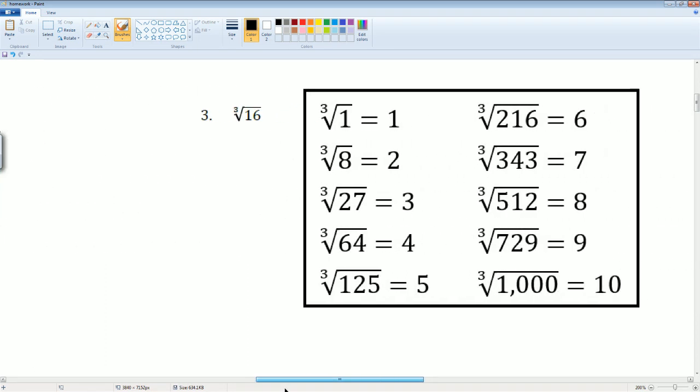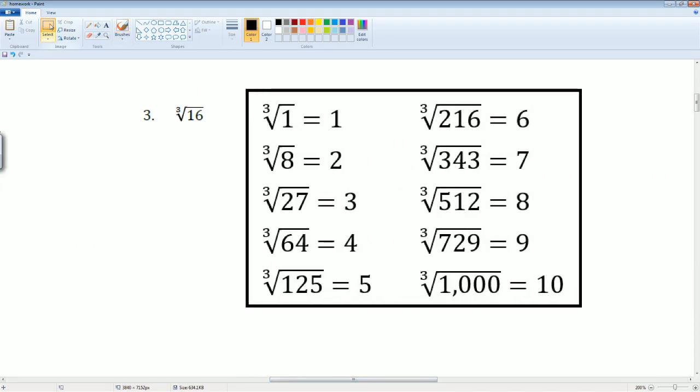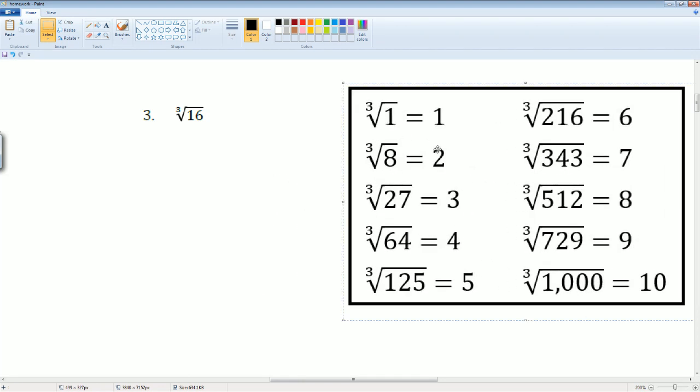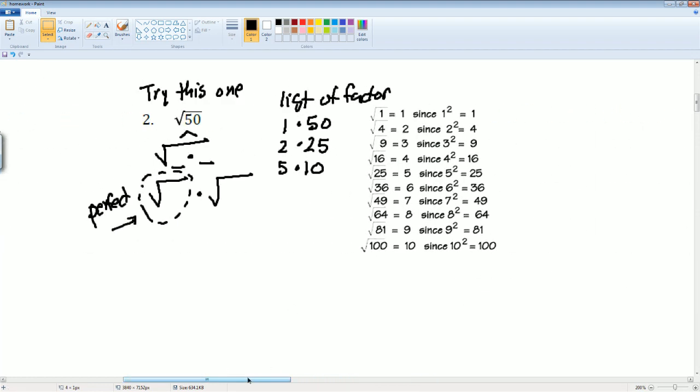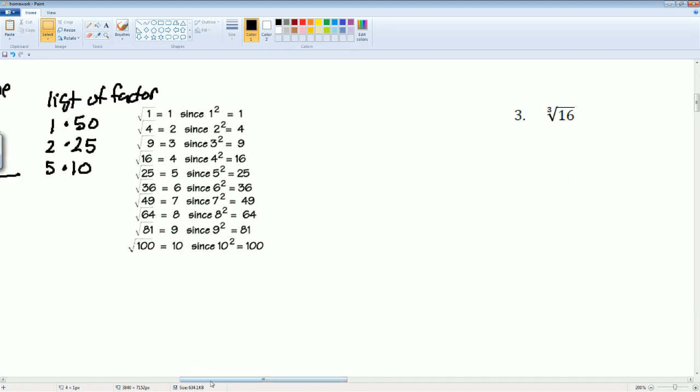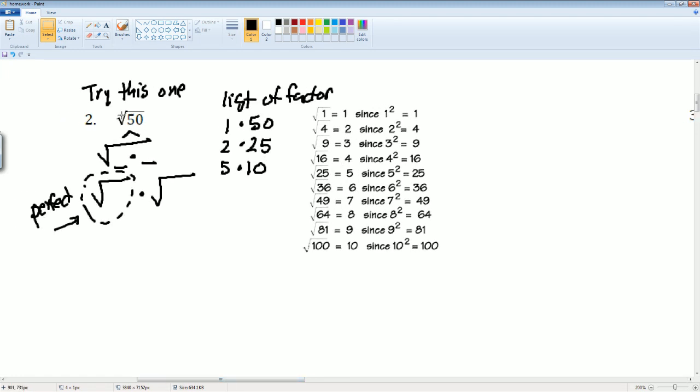What about number 3? Oh, number 3 is a little bit harder because this time it's a cube root. All right. So a cube root uses one of these. Okay. It's the same thing, but it's a cube root. Before, these were perfect squares that we weren't using, because do you see how the radical here is a square root?